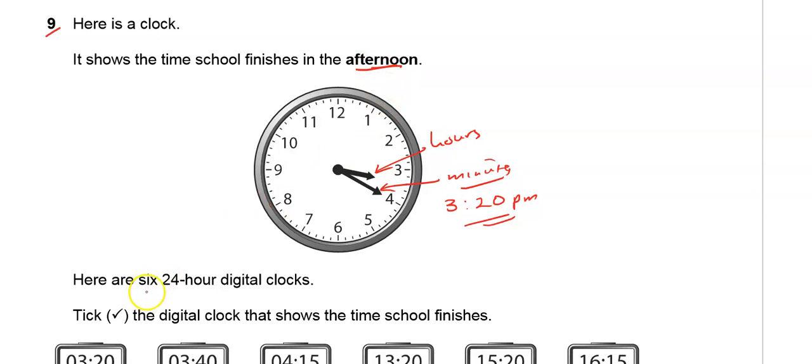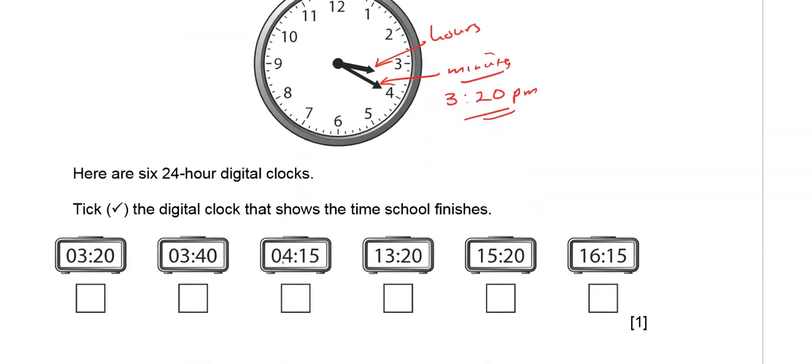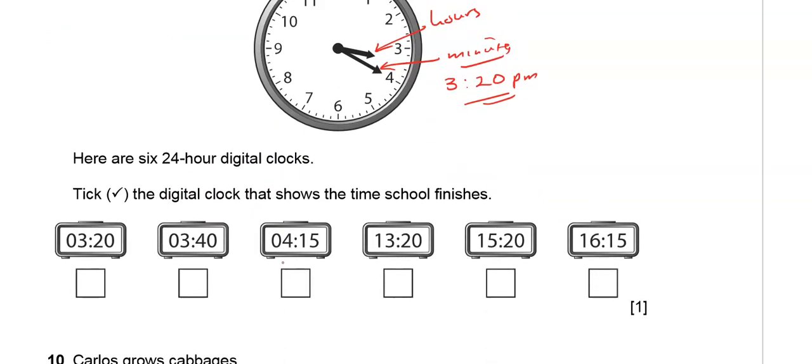In the afternoon. Here are 6 24-hour digital clocks. Tick the digital clock that shows the time school finishes.